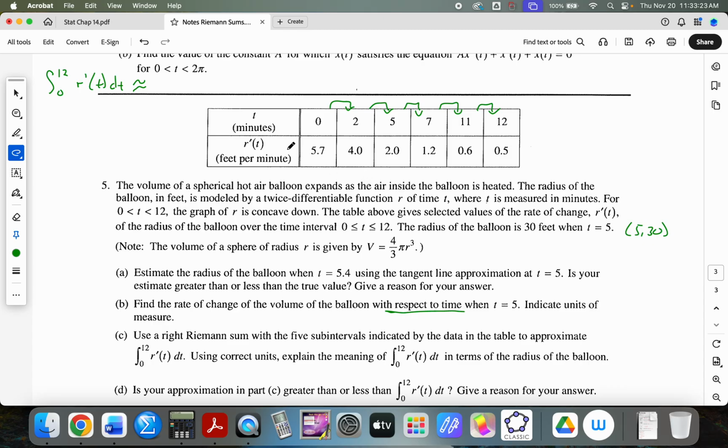So for this first one, I'll use 4 feet per minute for the first 2 seconds, plus 2 feet per minute for the next 3 seconds, plus 1.2 feet per second for the next 4 seconds.